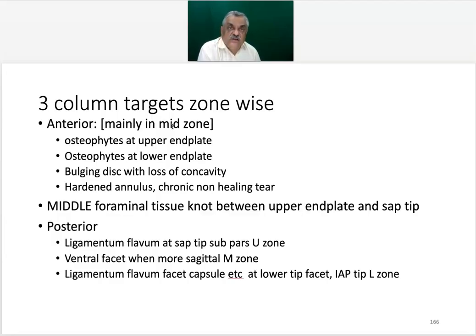It can also be a herniated disc fragment, untreated, calcified, ossified, collagenized, etc. Middle foraminal tissue knot between the upper end plate and the tip of the SAP that we have talked about some time before, and the posterior causes are ligamentum flavum at the tip of the SAP in the upper zone, under the facet, subfacet, that is more in the middle zone, and ligamentum flavum, facet capsule, etc. at the tip of the IAP in the lower zone, that is the tip of the facet in the lower part of the segment.